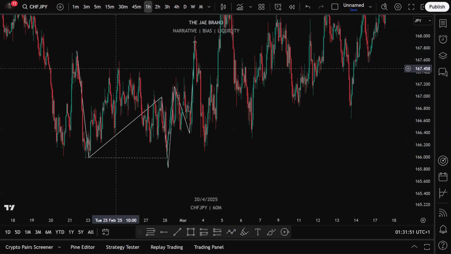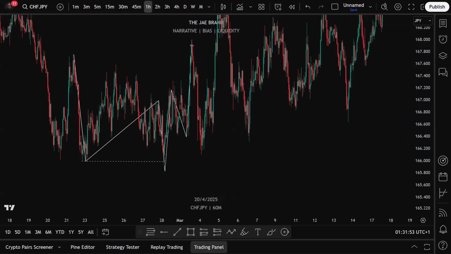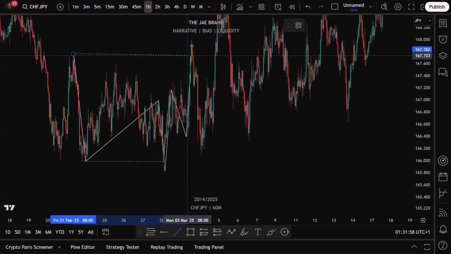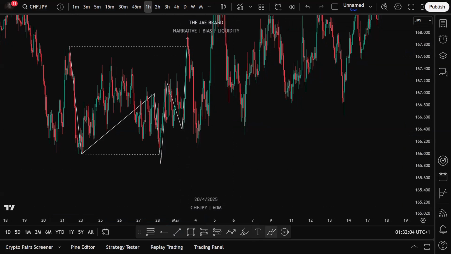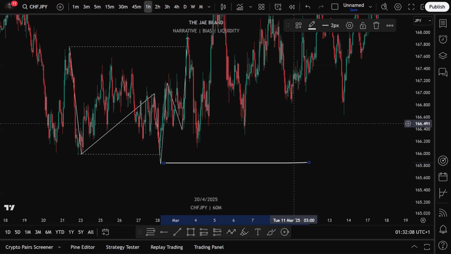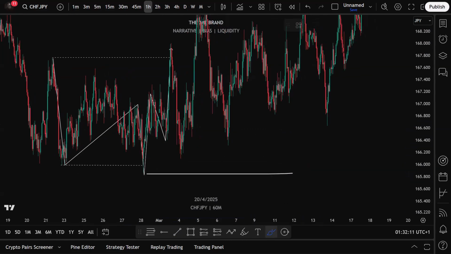Now this is my swing structure. Transactional liquidity, which is the same as a break of structure, has been shown to us. Therefore, we expect this low to be protected, and this high becomes our target, right?